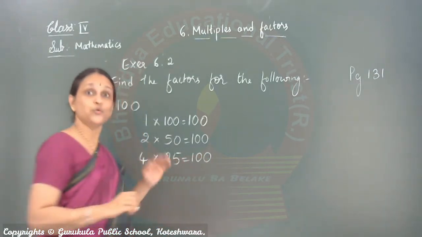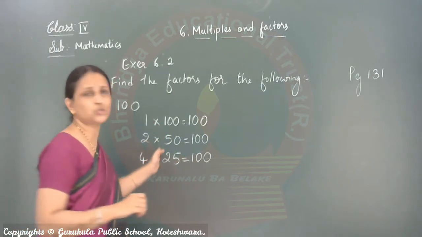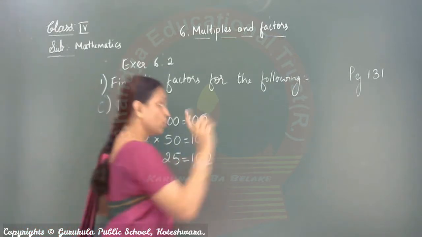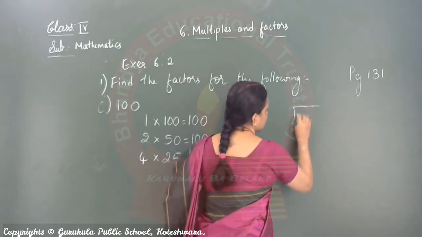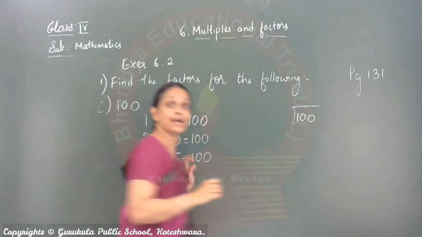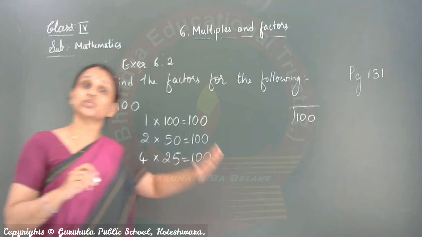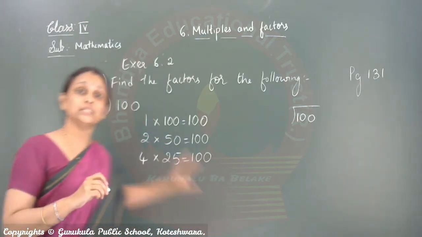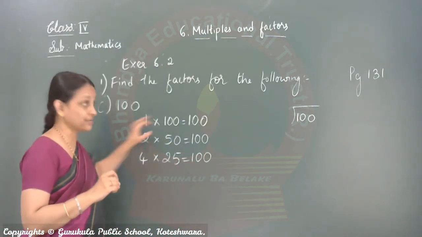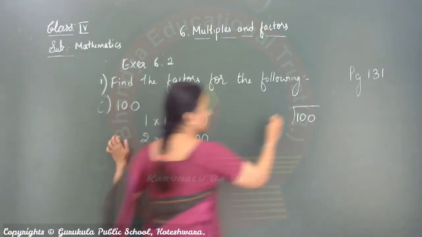If you have doubt, you may ask, ma'am, how to find out whether it comes or no. One more method is there. In working column, you can divide and check. Remainder should come 0. That means this number is a factor of that number. So for example, 2.